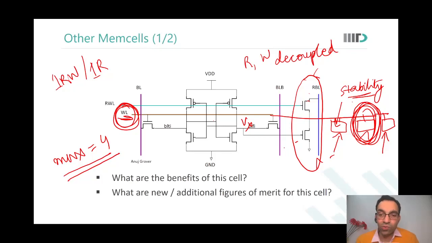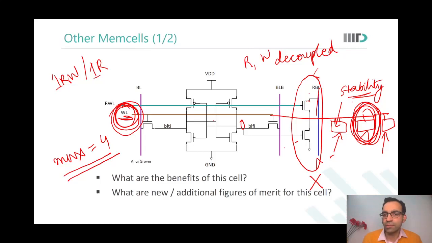But that is where the new figure of merit comes into picture. If it so happens that this word line is selected, and let us say this was 0. In that case, my RBL was not supposed to discharge. Are you with me? If BLFI was 0, and I selected both the word line and the read word line, RBL was not supposed to discharge.